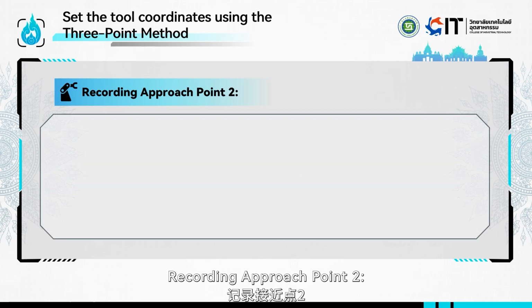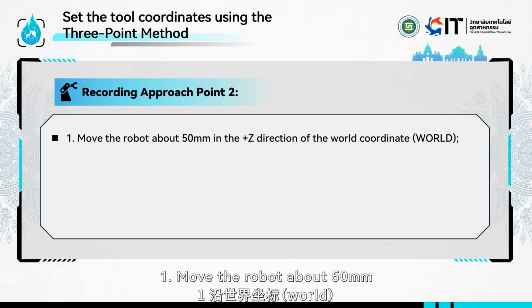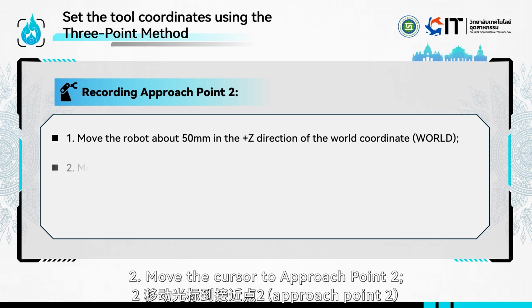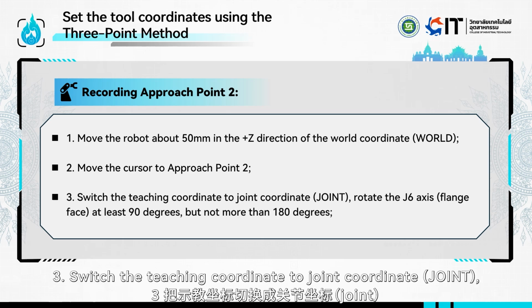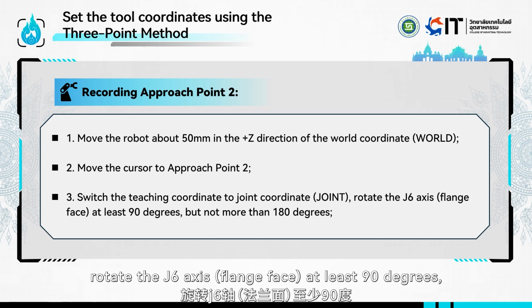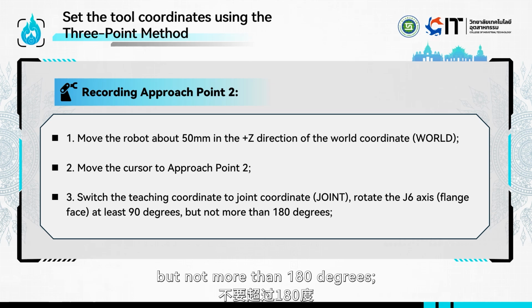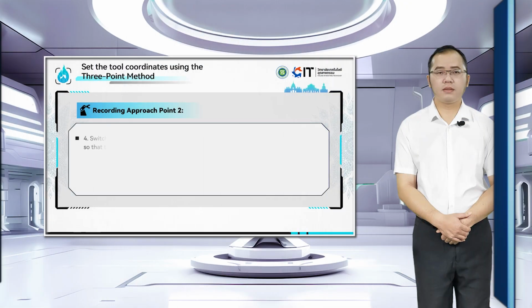Recording approach point 2. 1. Move the robot about 50 mm in the plus Z direction of the world coordinate, world. 2. Move the cursor to approach point 2. 3. Switch the teaching coordinate to joint coordinate, joint. Rotate the J6 axis, flange face, at least 90 degrees, but not more than 180 degrees. 4.